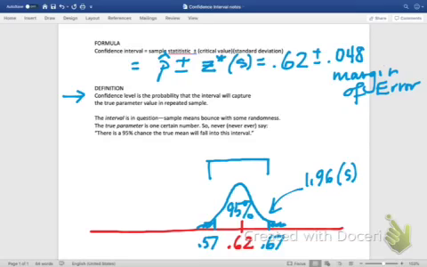Well, because of our sampling technique, because of what we know about the central limit theorem, we can say this: that our interval will capture the truth, the true parameter, in repeated sampling or with repeated samples 95% of the time. There's a 95% chance that our interval is going to capture the truth.